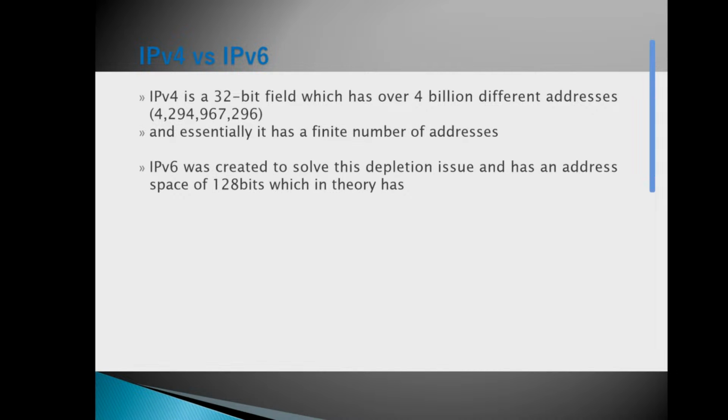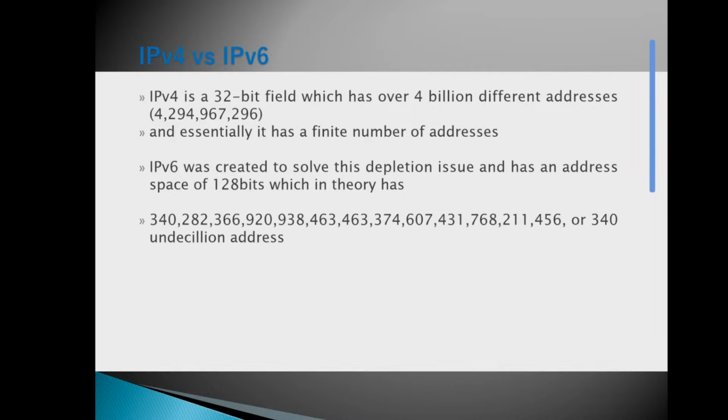IPv6 was created to solve this depletion issue and has an address space of 128 bits, four times more. 128 bits, which in theory has this many IP addresses: that is 340 undecillion addresses.